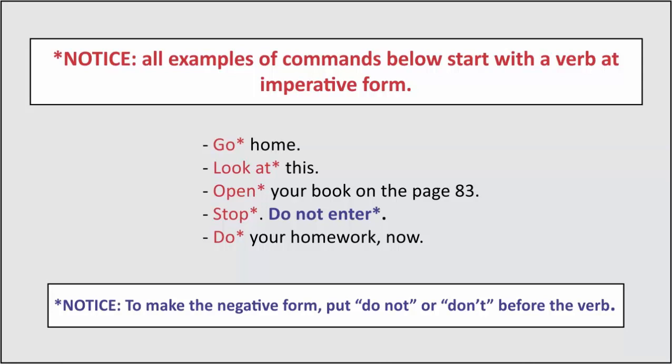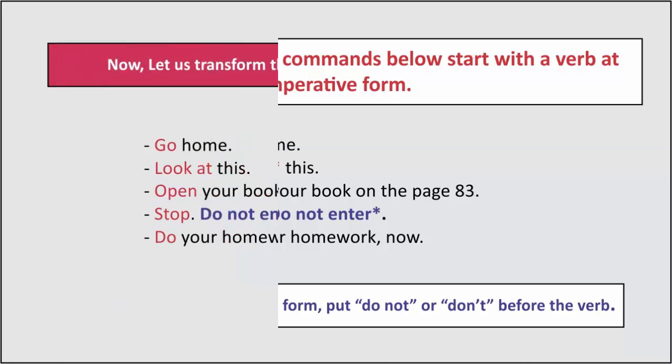It's very important that you know to differentiate the auxiliary verb do and the main verb do, because both of them can appear in the same sentence, and many people that are learning English don't know which of them is the main verb and which of them is the auxiliary verb. Then study about it, okay? By now, I'm not going to speak about it. We will concentrate on imperative form.